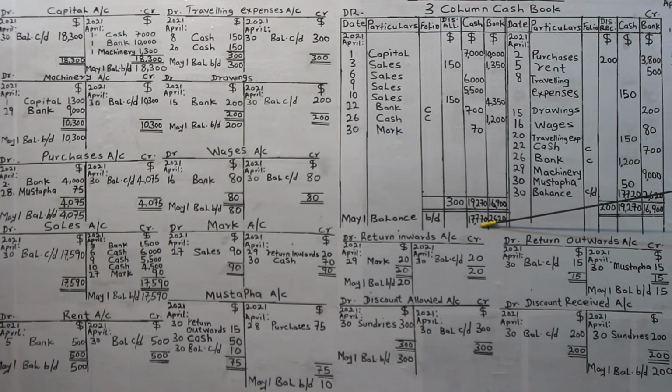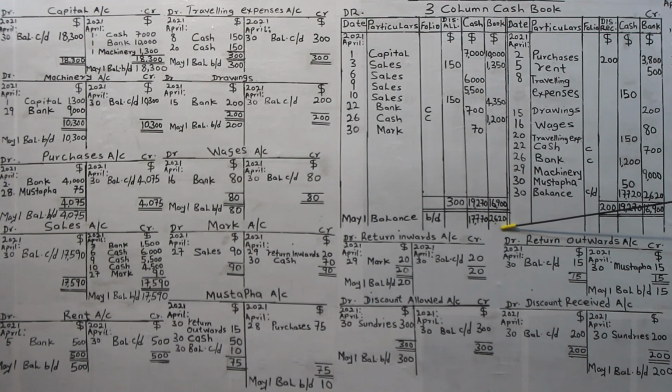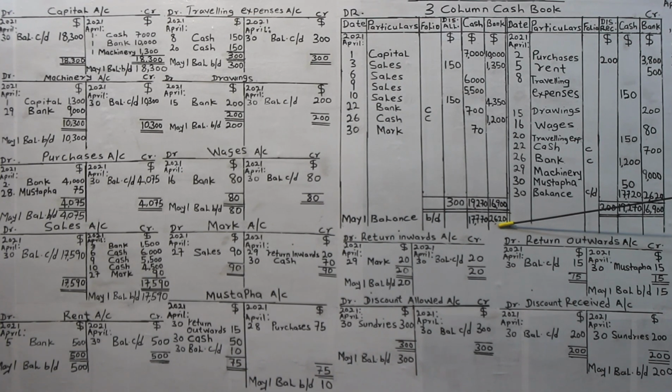We are going to post this to the debit side of the trial balance. Also, the balance brought down for the bank column of the cash book is 2,620 on the debit side. We are going to pick this $2,620 to the debit side of the trial balance representing the bank balance.